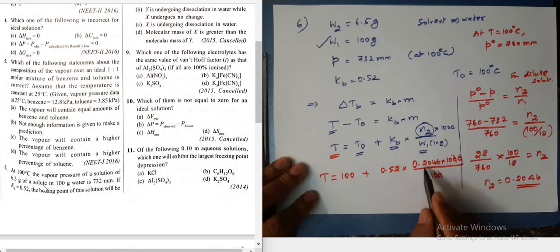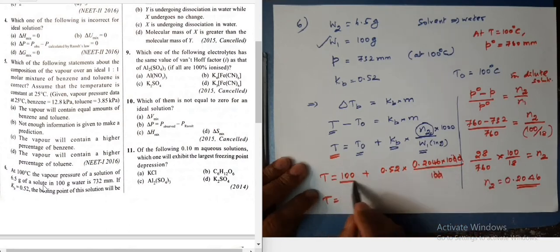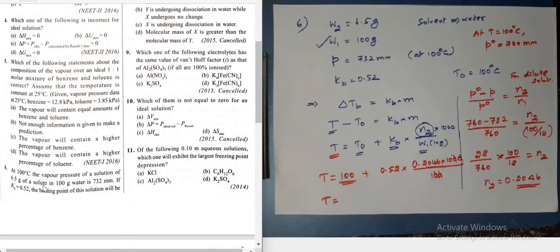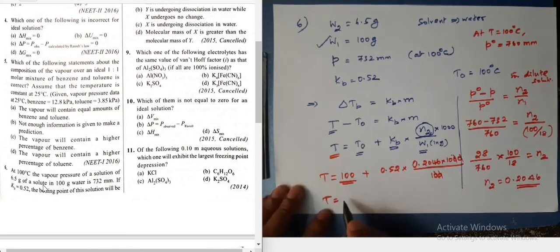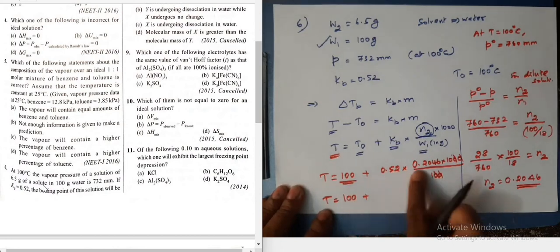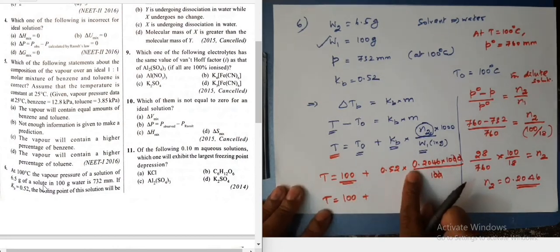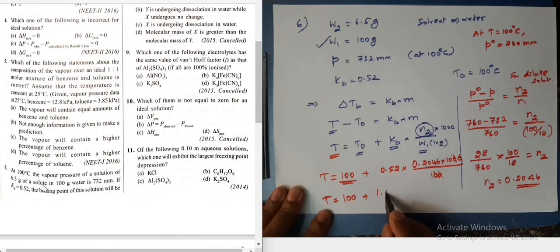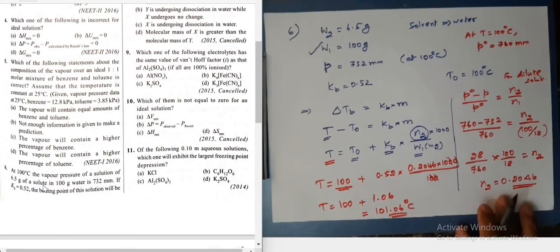If you multiply this by 10 and add it to this 100, you will get the final answer. Let me give the final answer directly. If you calculate this value, you will get around 1.06. So if I add them, I will get 101.06 degrees Celsius.